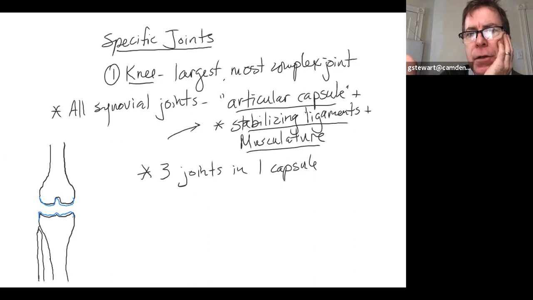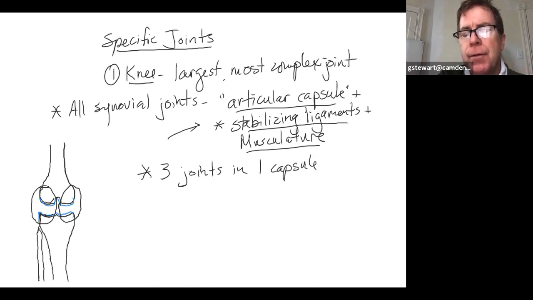This is considered one joint here between the lateral condyle of the femur and the lateral condyle of the tibia. So that's one joint. Another joint is here, the medial condyle of the femur and the medial condyle of the tibia. So that's two.